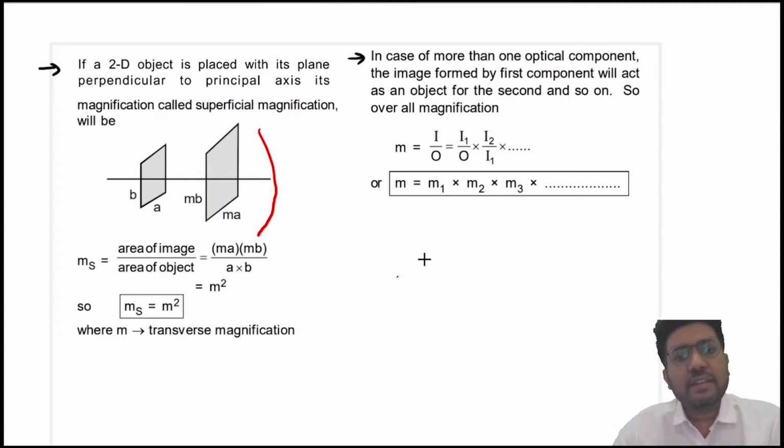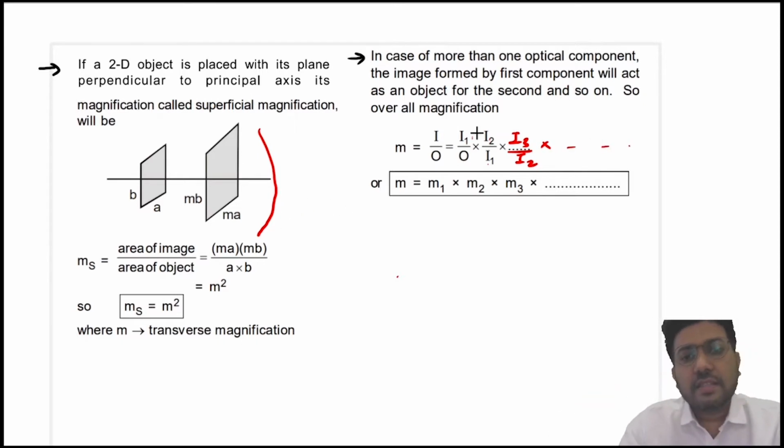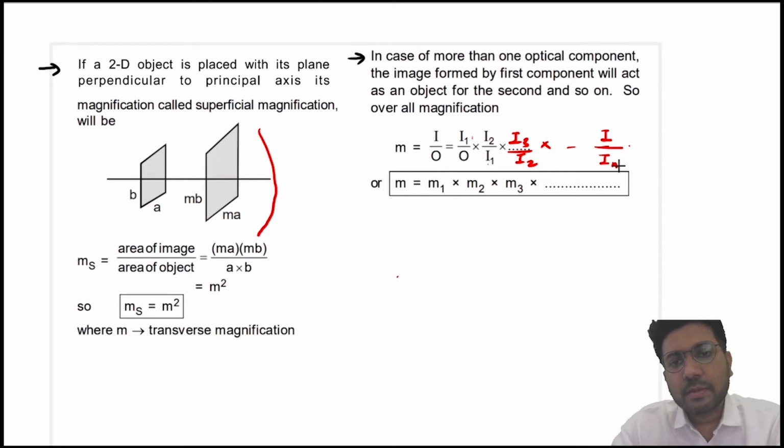So the net magnification or the overall magnification will be equal to size of final image by size of object, right? But size of final image by size of object can be written as I1 by O into I2 by I1 into I3 by I2 and so on. What does this mean? See, I1 cancel, I2 cancel, I3 will also cancel, right? So finally it will be I by In minus 1.